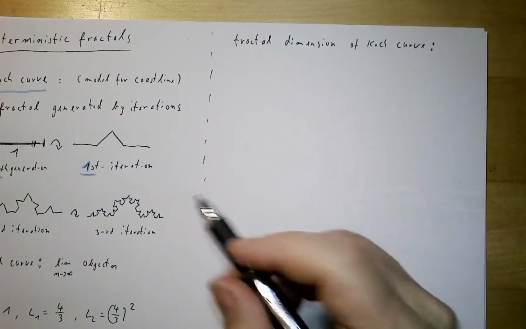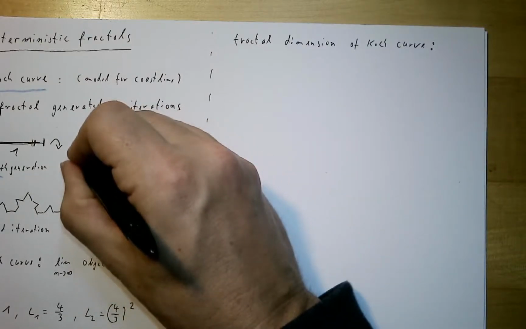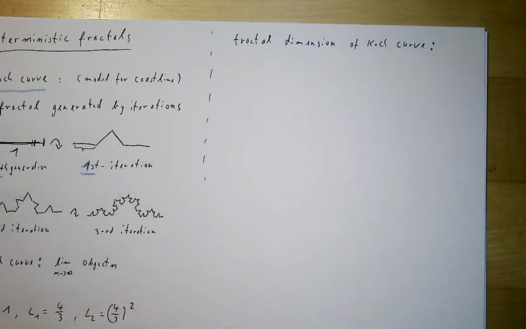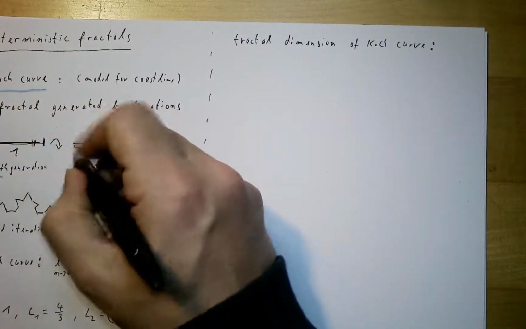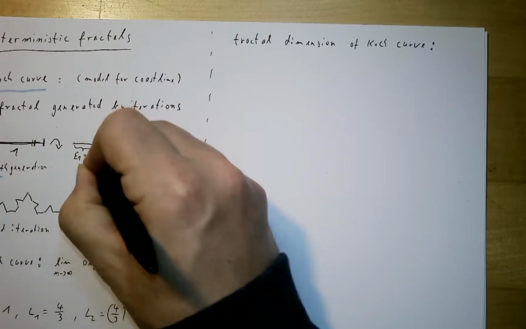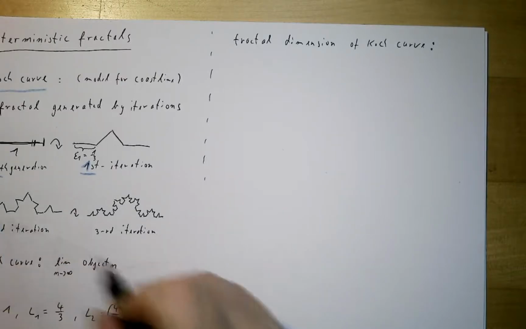So first we need to see what the scale is, and the scale is the length of all these objects. So the scale here, epsilon 1, is a third, and here epsilon 2 is a ninth, and so on.